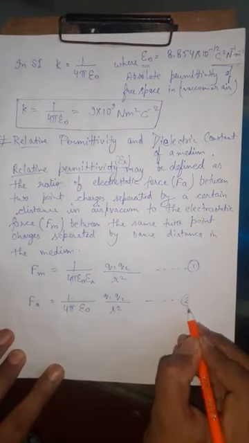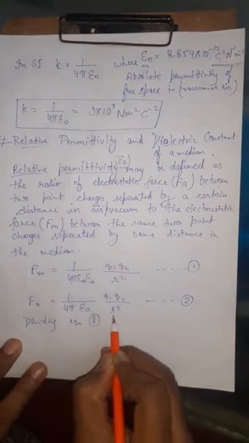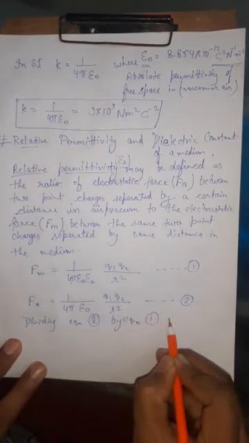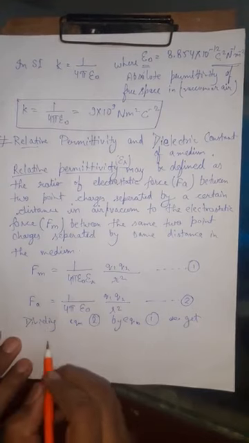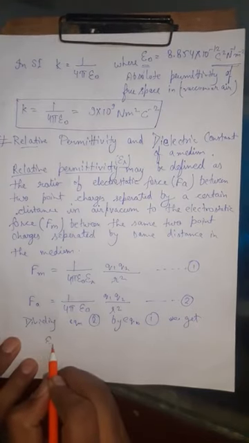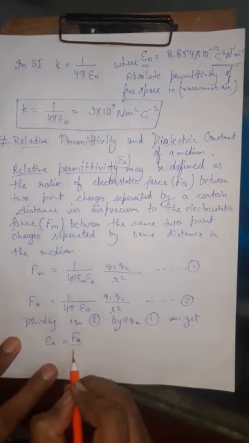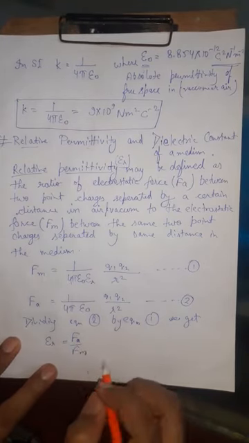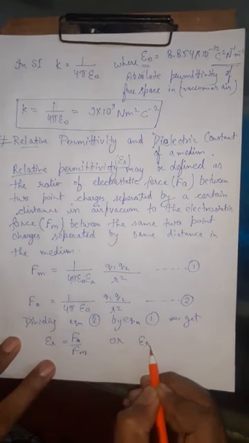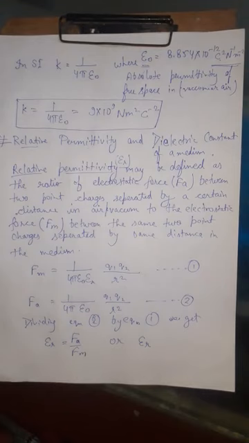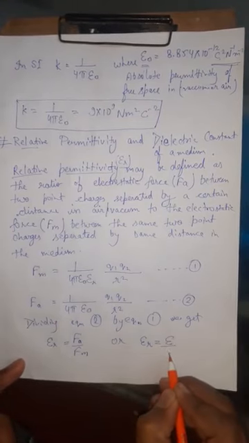Let it be equation 2. Now dividing equation 2 by equation 1, we get that the relative permittivity is equal to the force in air over the force in the medium, or in other words, relative permittivity will be equal to epsilon over epsilon naught.